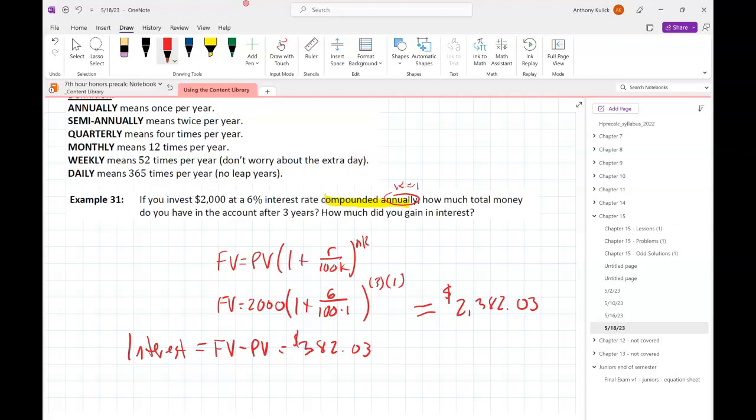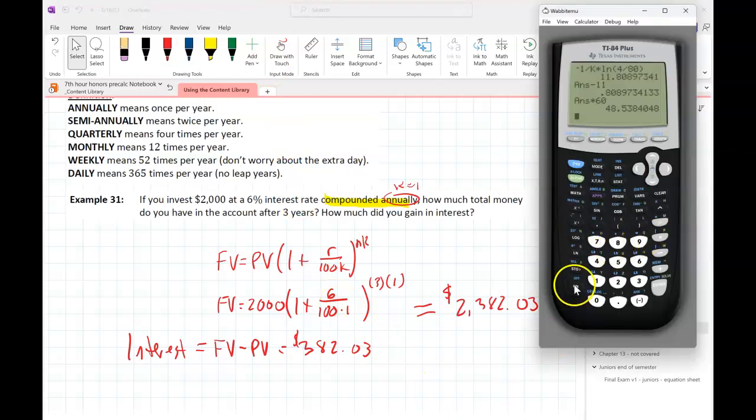Is that a big deal? It's more money. It's not so much a big deal right now. But what if instead of doing this for 3 years, we did it for 100 years? Big, huge, exponential. Oh, you're funny, guys. It's not what I wanted it to do at all.